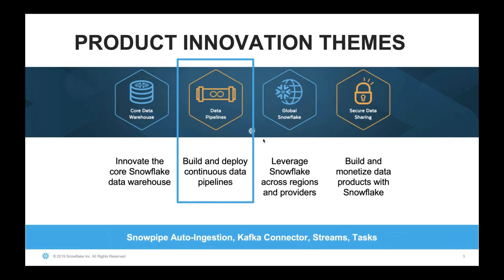So today we're available on AWS and Azure, and Google Cloud is in private preview at the moment. And we have recently announced cross-region, cross-cloud data replication as part of our global Snowflake team. This is also allowing our customers to start thinking about data sharing from a whole new perspective, and how they can share data across regions and across clouds in a secure manner and with ease.